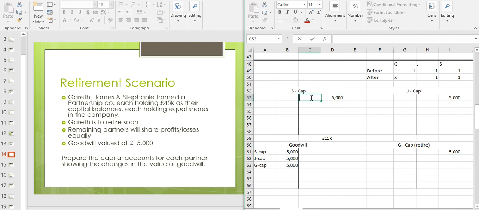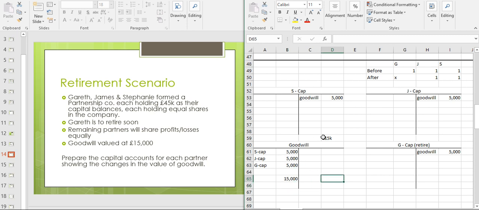Okay, and that has come from goodwill. Could have just copied it before, but there we go. Okay, so I have just done the debit entries and the credit entries there, and that adds up to 15. Okay, so that is the creation of goodwill.